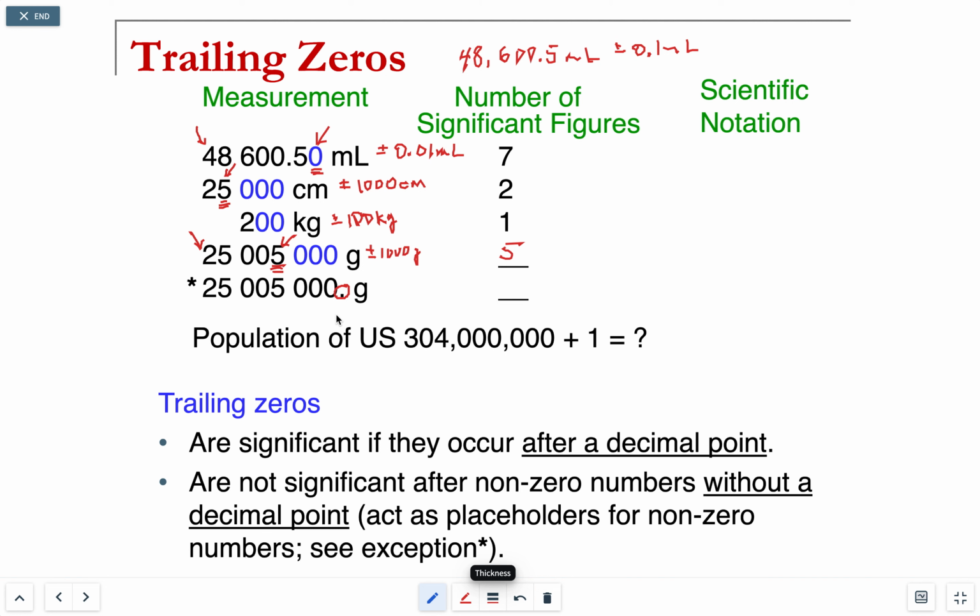What that's implying is that this is our guessed digit. We know this to plus or minus 1 gram. Here we know it to plus or minus 1,000 grams. By putting the decimal point there, we're saying that all of these digits, including that last one, are significant. So this is 3, 6, 7, 8. This has 8 significant figures in it.